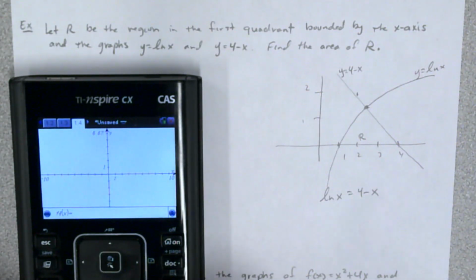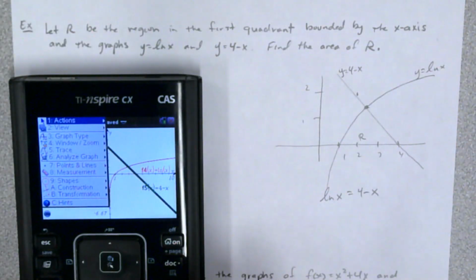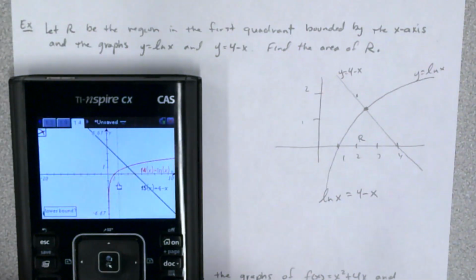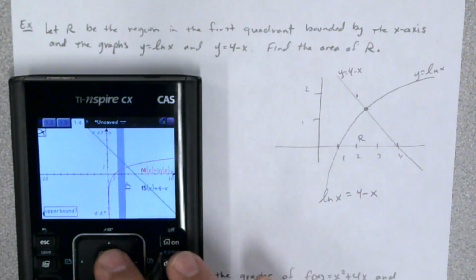So we have, the first one is the natural log of x, and then we're going to have the line 4 minus x. Okay, and we need to go to menu, and we need to find that point of intersection.